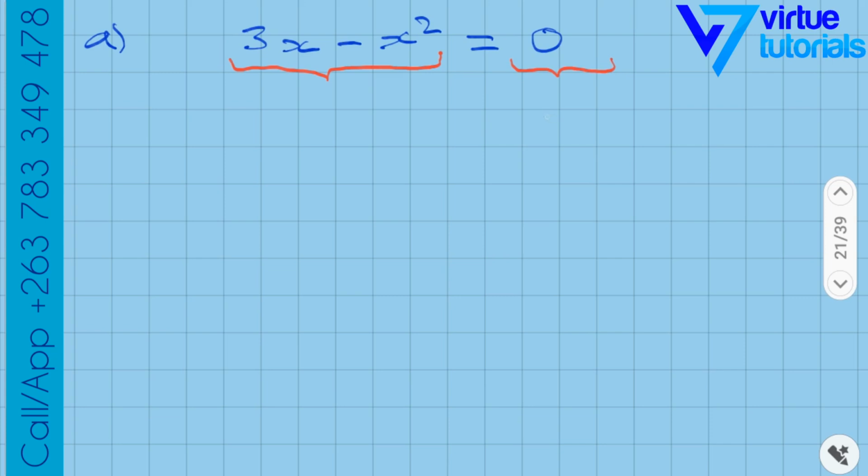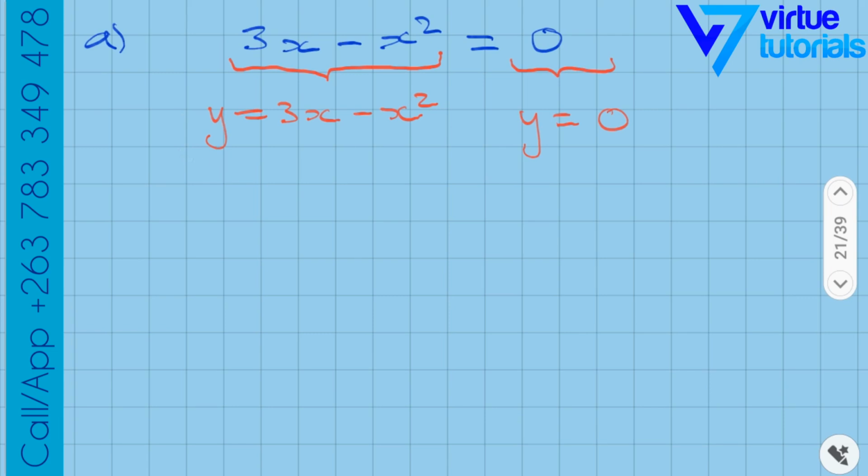So for this, we'll have y is equal to 3x minus x squared. You just say y is equal to the whole thing. And for this side, you will have y is equal to 0.